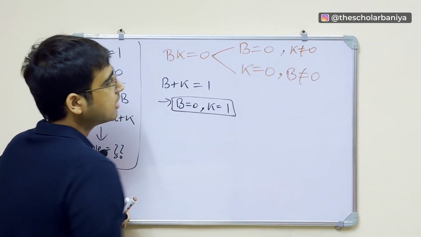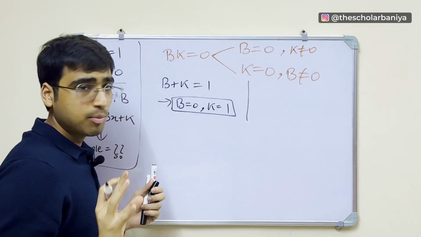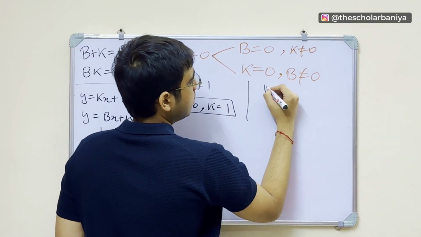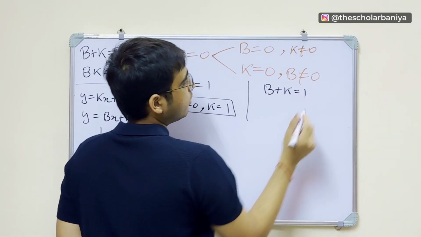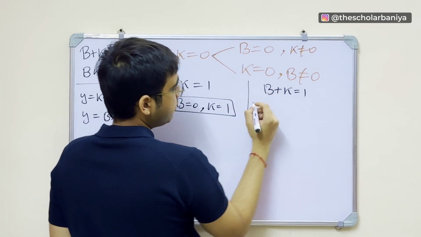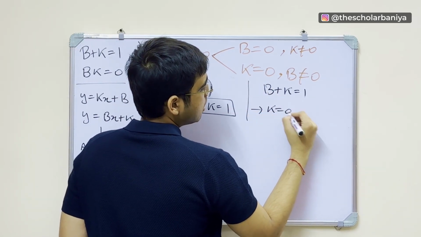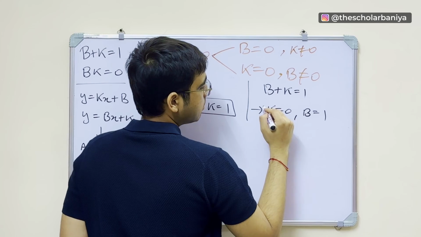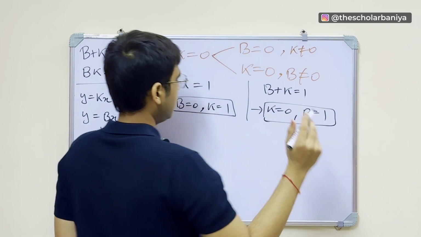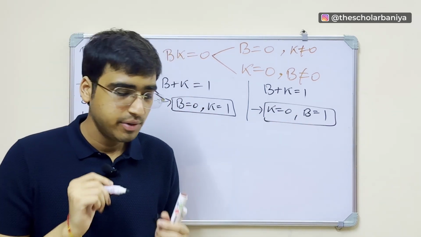Similarly, the other possibility is what? b plus k is equal to 1, that k is 0. So if k is 0, then b will be 1. So these are the two possibilities that we have.